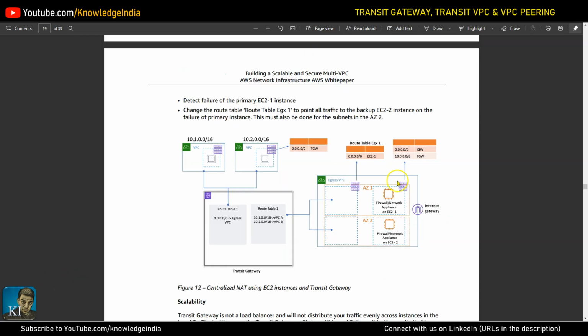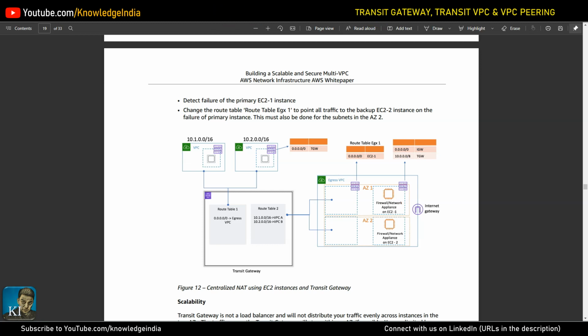So here is another example where instead of using NAT gateway, we are using a firewall or a network appliance hosted or installed on EC2 instances, so that any traffic which is destined to go to internet is able to go through this and it gets filtered, right?